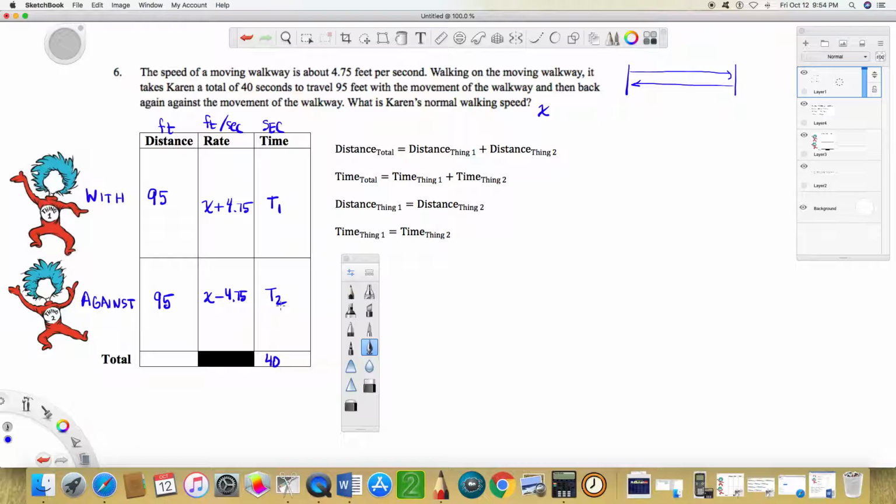It's not reasonable to assume that it's 20 seconds each way; there's nothing in here saying that. And we know that the total distance is 190 feet, don't we? But I don't think that's really going to get us anything myself, but maybe it could.